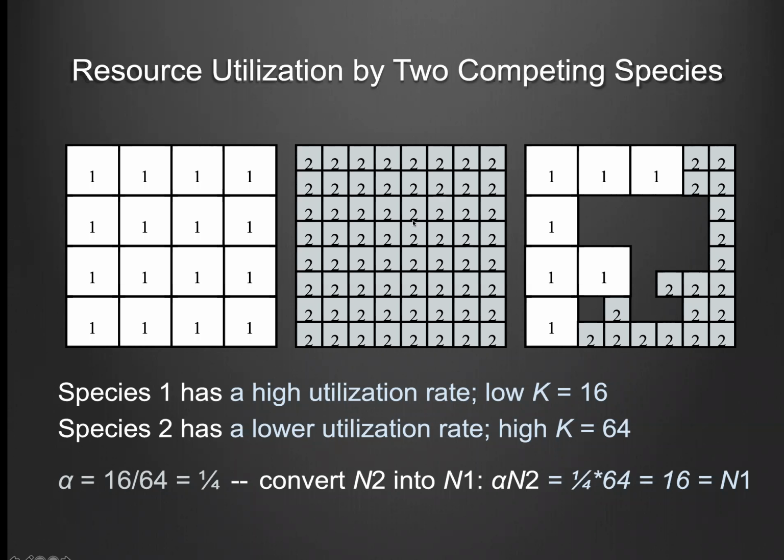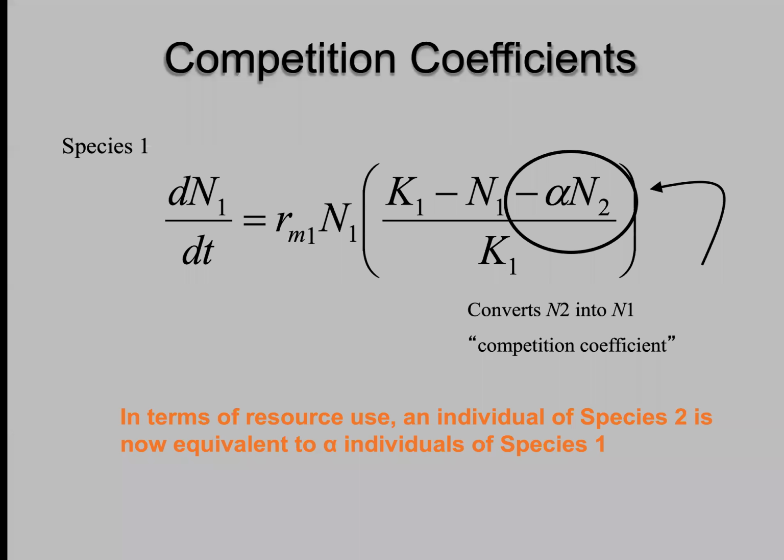Because essentially you could fit 4 N2s where there's an N1, okay? And so that's going to decrease the amount. And so in this case, if you had equal numbers of N1s and N2s, when you do the conversion, you're going to be multiplying by a quarter for the N2s.